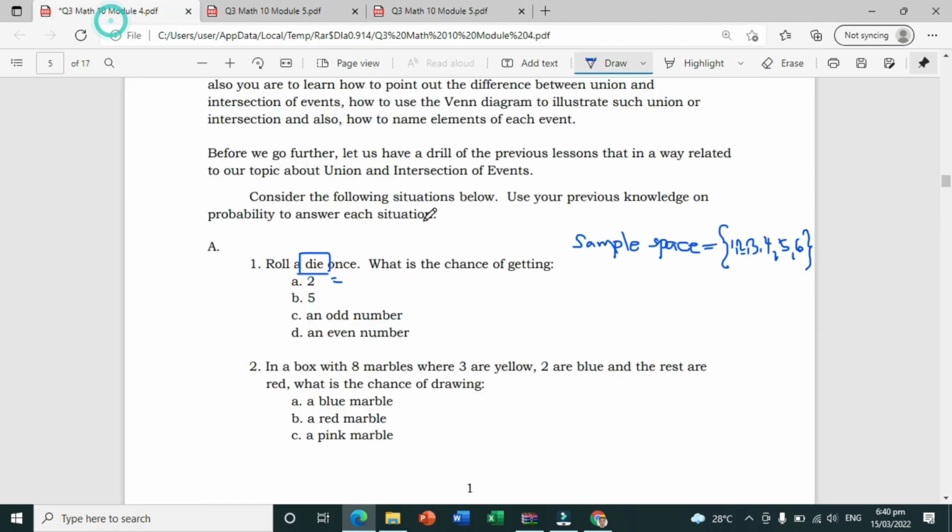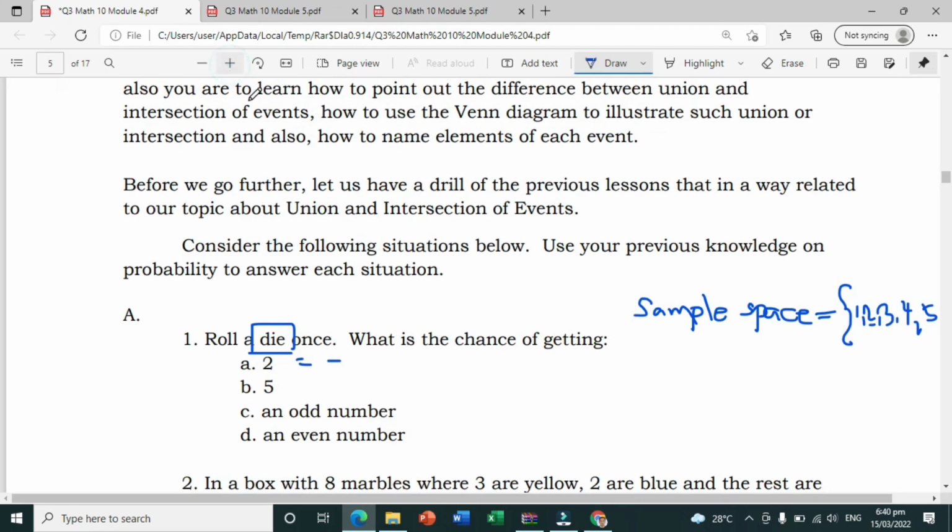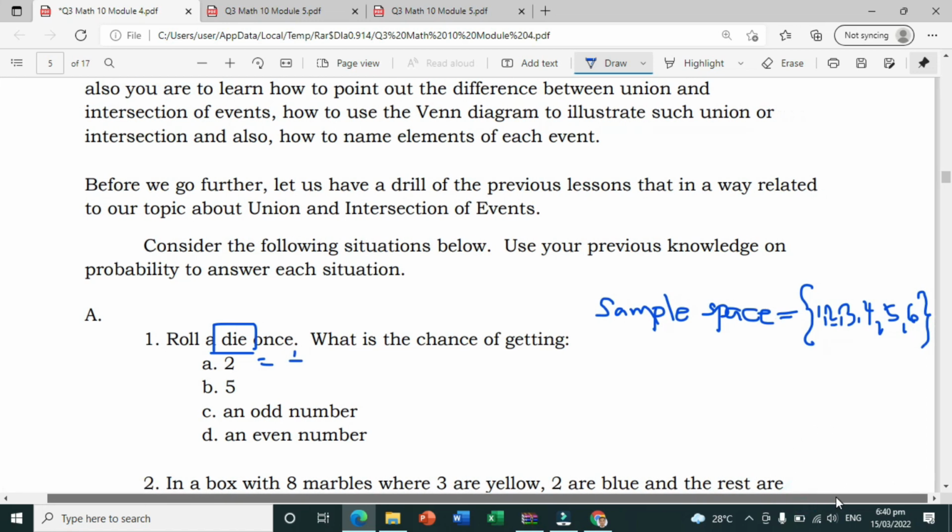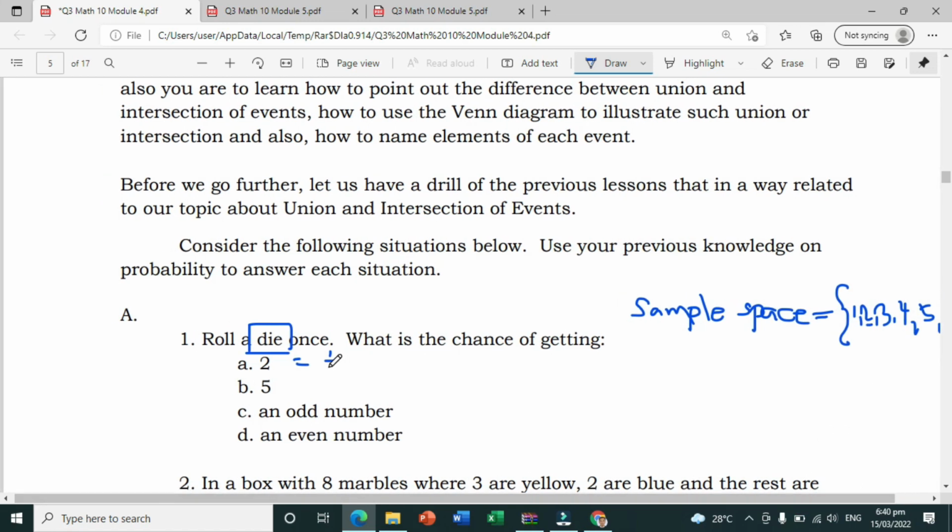So, dito, ilang 2 meron sa die na to? So, there is only 1. So, yung probability niya is 1. Tapos, ilan yung sample space, yung possible outcome? Ilan lahat? So, 6. So, yung denominator natin would be 6. So, ito yung chance of getting a 2, 1/6.